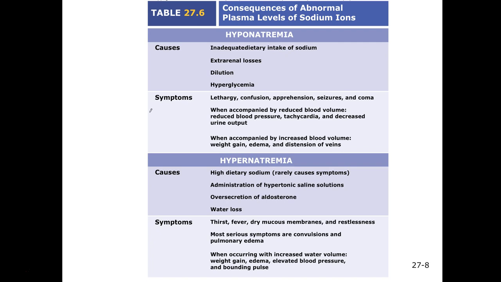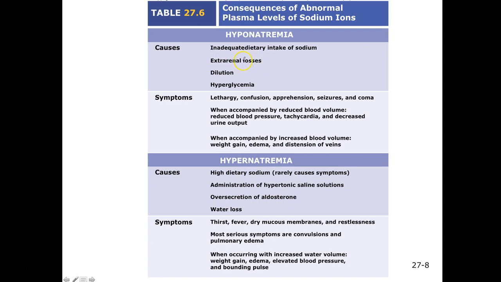So at the very top we have hyponatremia, and so we said that means we have too little blood sodium. So either we're not getting enough sodium within our diet, which usually is not an issue here in America. We can have extra renal losses.